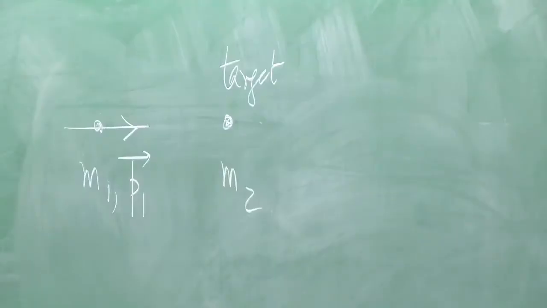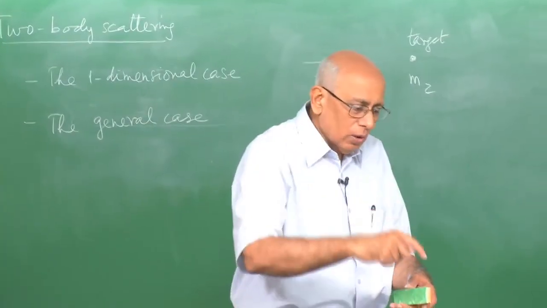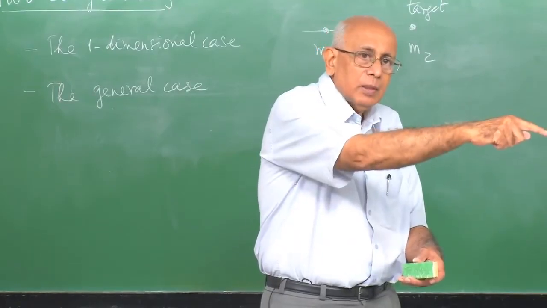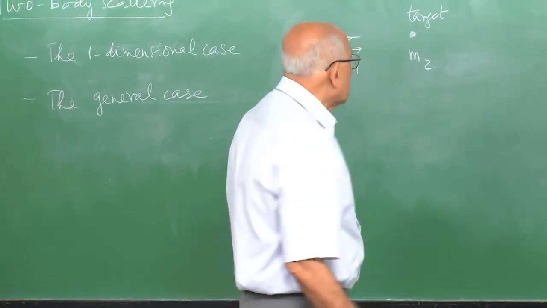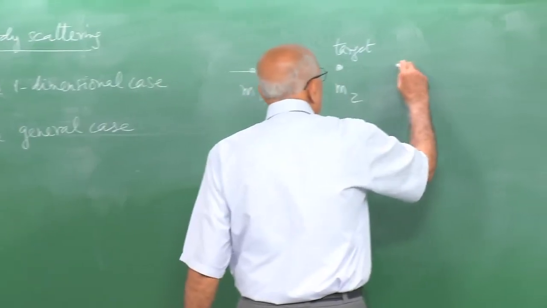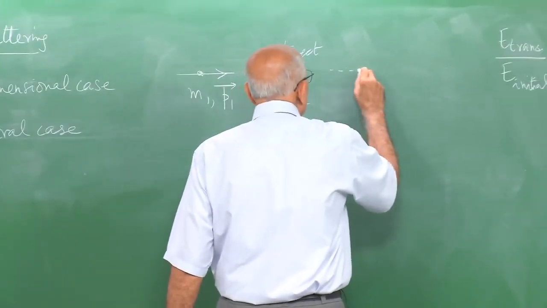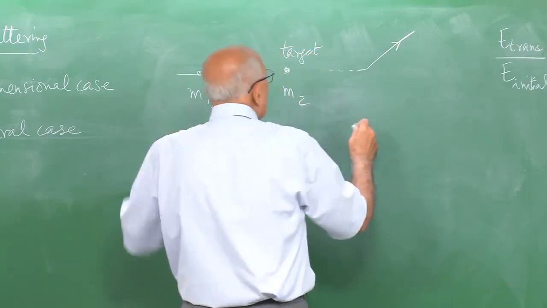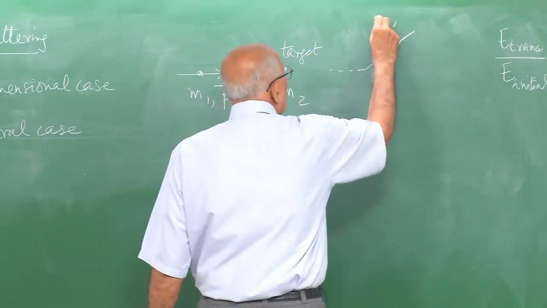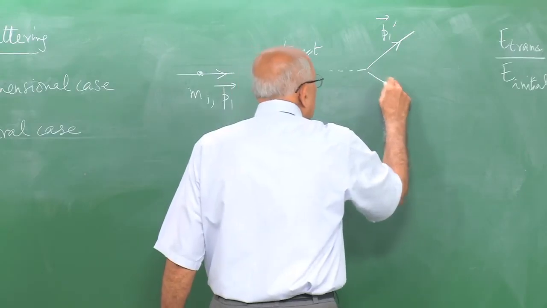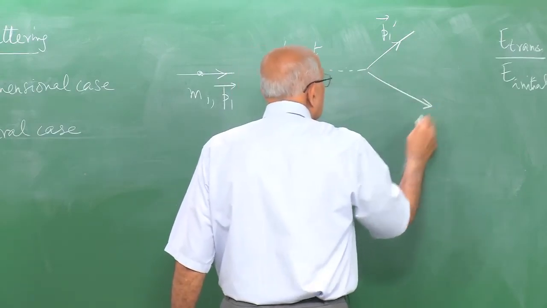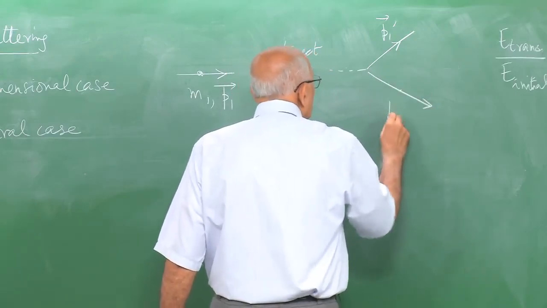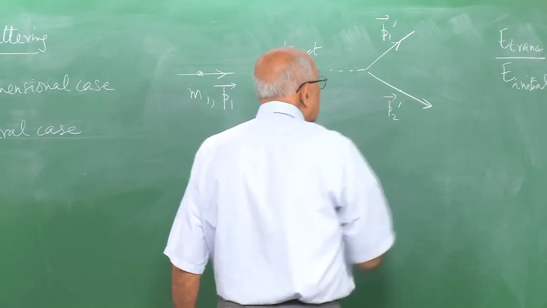Well, here comes the initial vector, and one particle goes off in one direction, the other goes off in some other direction altogether. So if after collision, with respect to the initial direction, you have the projectile going off like this with momentum p1 prime, and the target going off like this with momentum p2 prime.